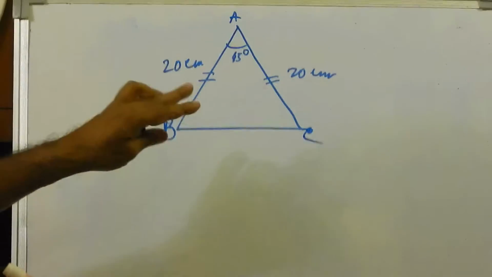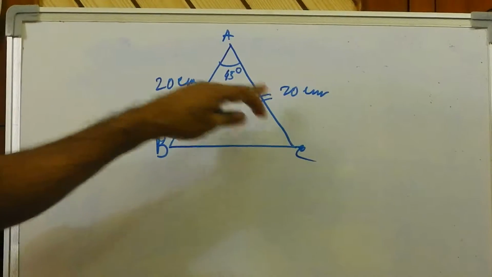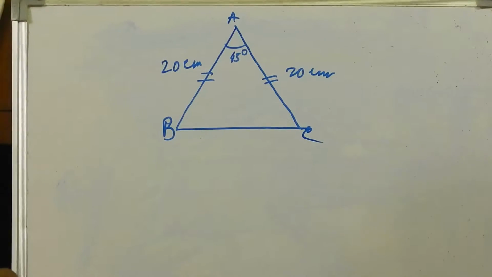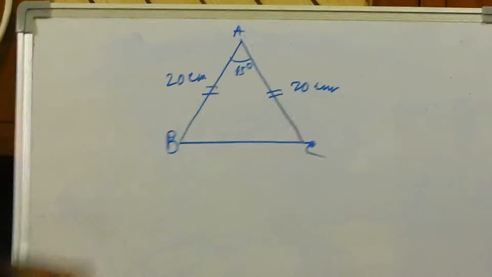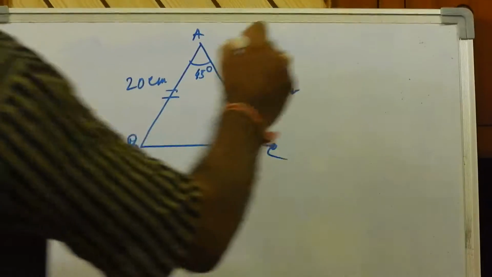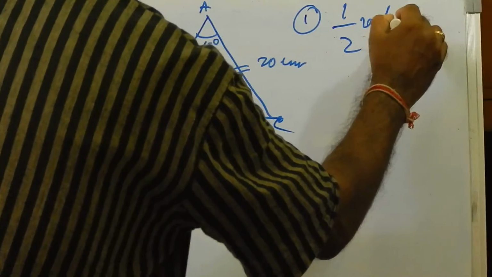But in this type of sums the three sides are not given, here only two sides are given, so it is difficult to use Heron's formula because the number of variables are much more. So we can use the generalized formula, half into base into height.